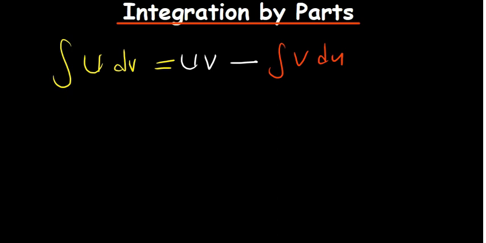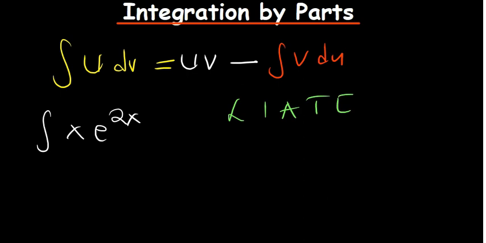So for the first question, we have the integral of x e to the power 2x. Okay, so using our letters L, I, A, T, E, I can pronounce that as LIATE. So this stands for logarithms, inverses, A stands for algebraic functions, T stands for trigonometric functions, and then E stands for exponentials.